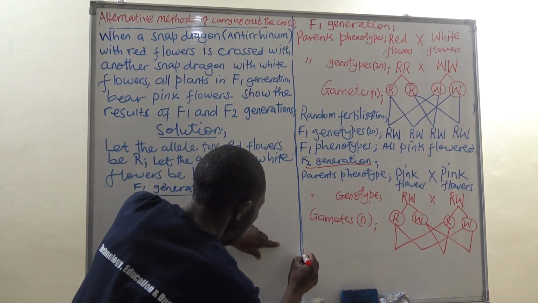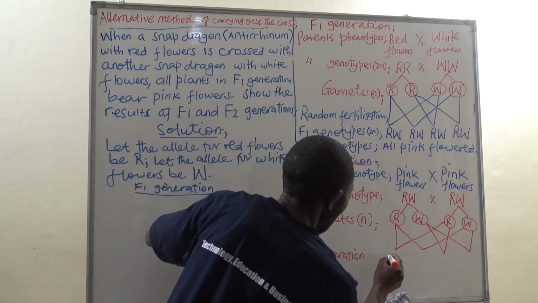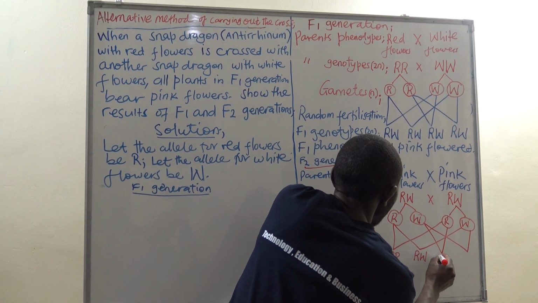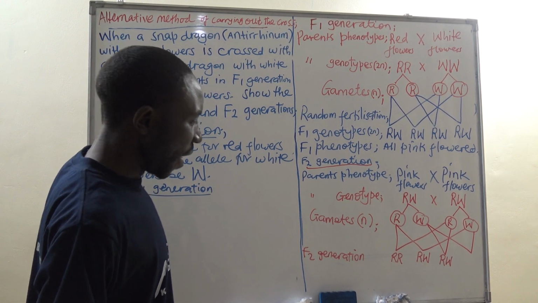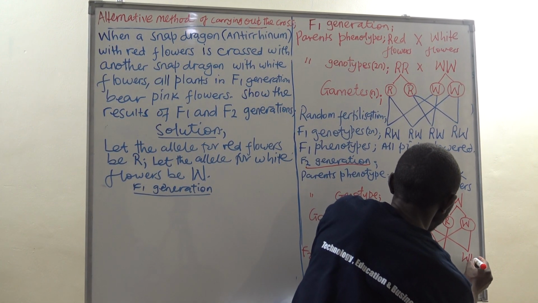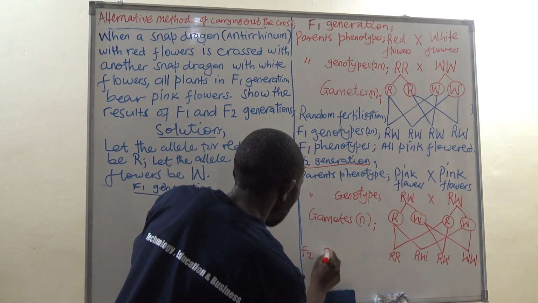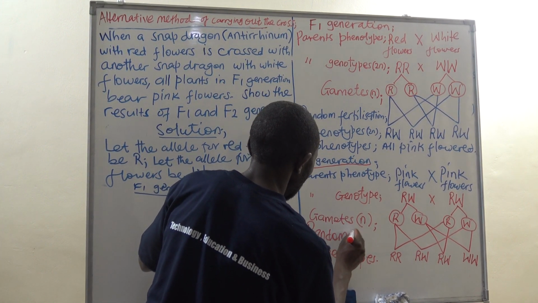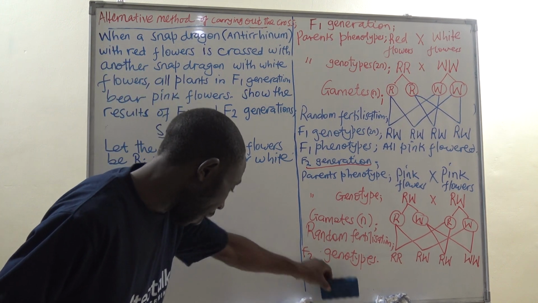So here I will have the F2 generation, whereby we shall have genotypes RR, RW, RW, and WW. These are what we call the F2 genotypes, and here we have random fertilization.